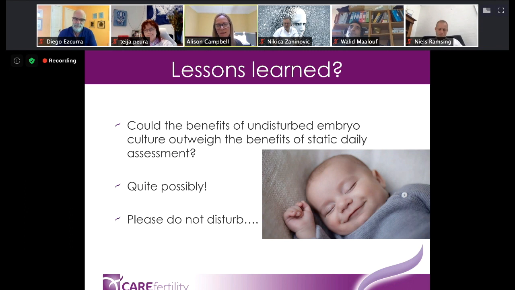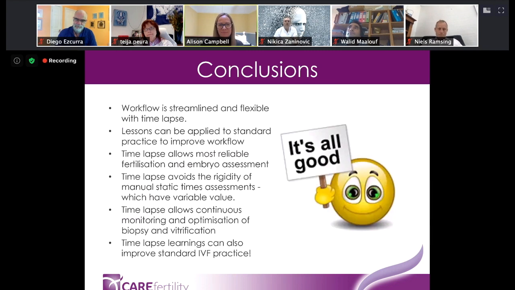I think, unfortunately, not everyone can have time-lapse, but we can use the time-lapse to share our learnings with standard practice. So in conclusion, workflow is streamlined and flexible with time-lapse. And we can learn lessons and apply those to standard practice, which also will improve workflow across the whole clinic. And time-lapse allows the most reliable fertilization assessment and embryo assessments.